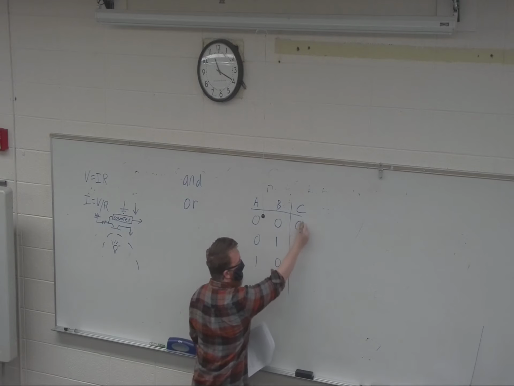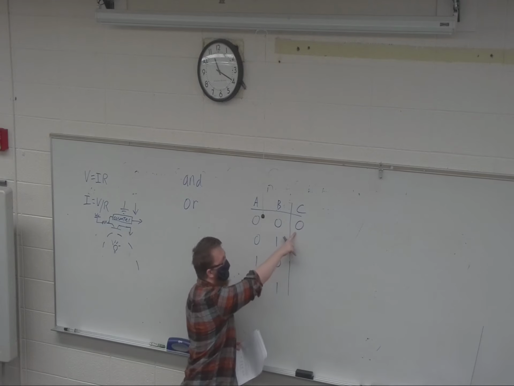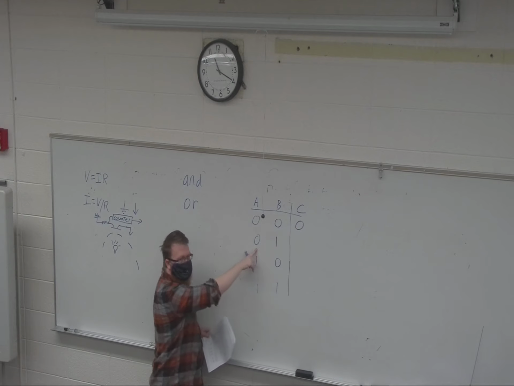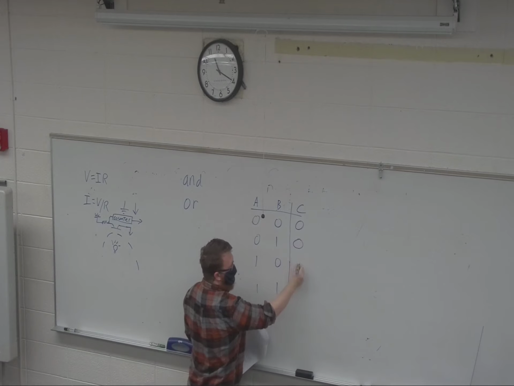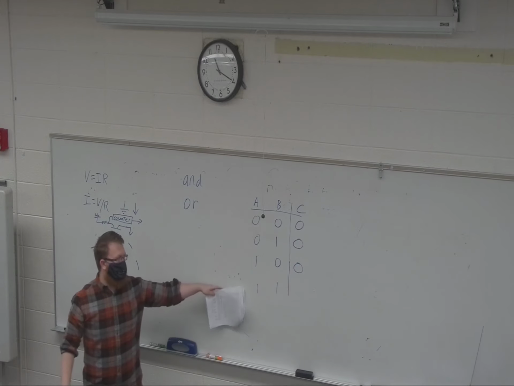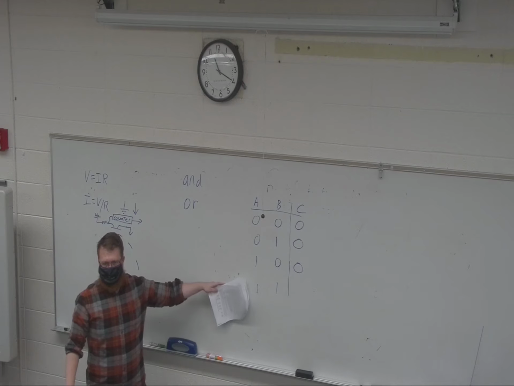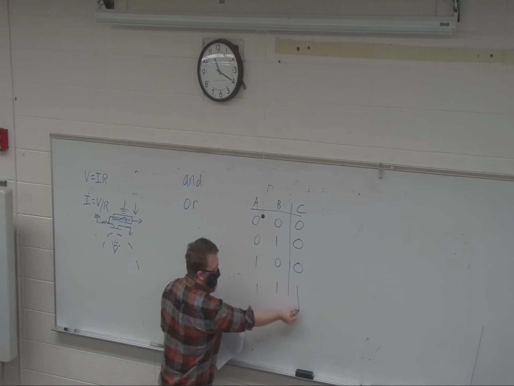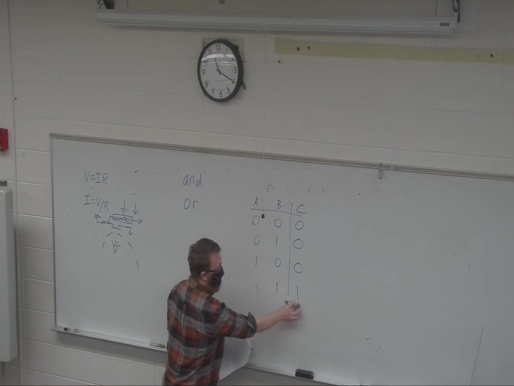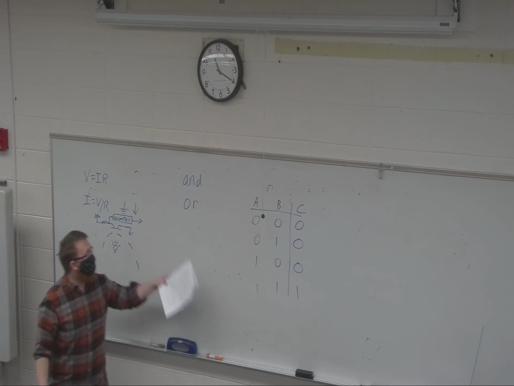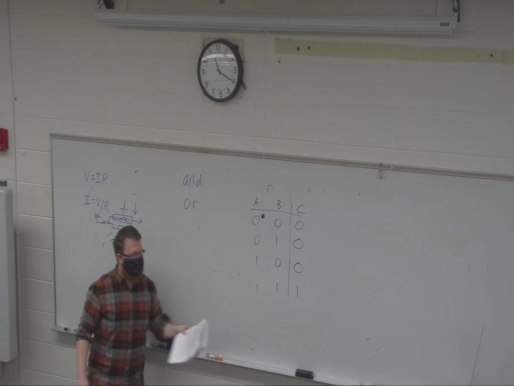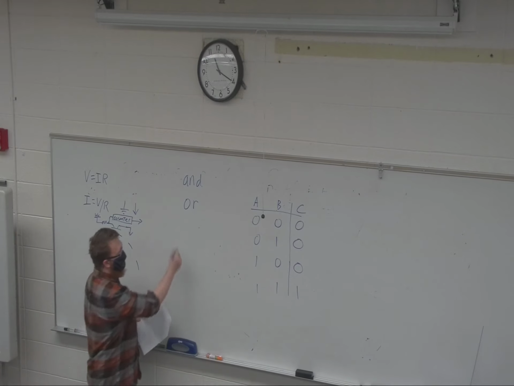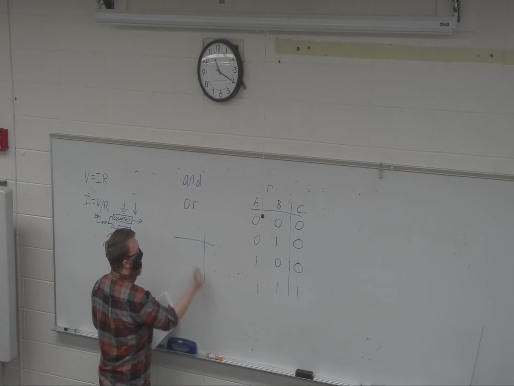So that means the output is not true, 0, false. This is also not true, because it's a 0 and 1, but it's not 1 and 1. Repeat. But look, now we've got 1 and 1. This is now true. That's what we mean by AND. 1 and 1 is true. We can also do the same thing for OR.